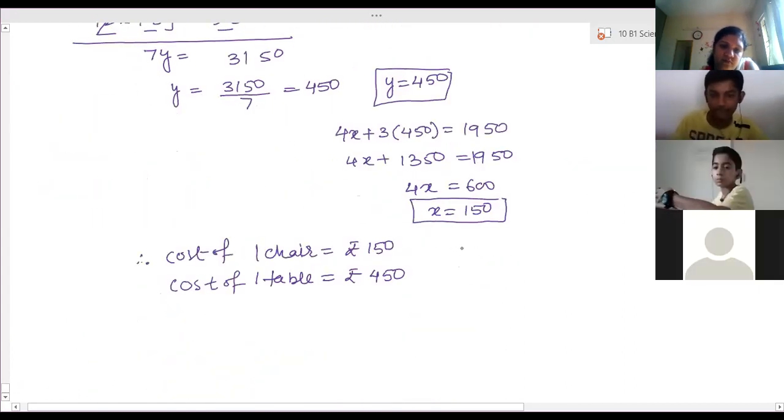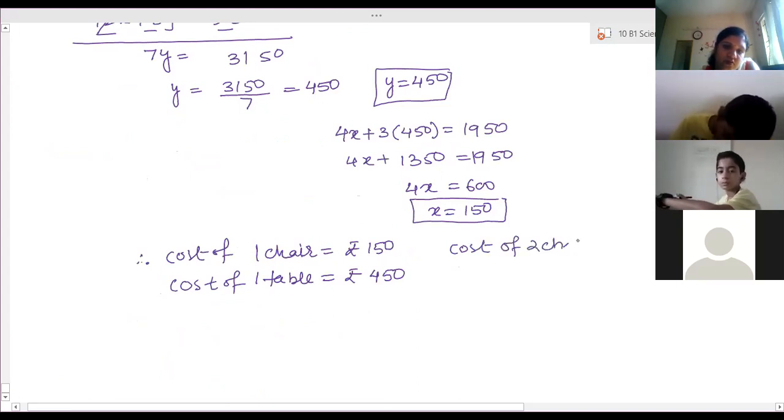X is 150. Cost of 2 chairs is equal to 2 into 150, that is 300.